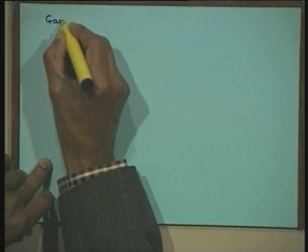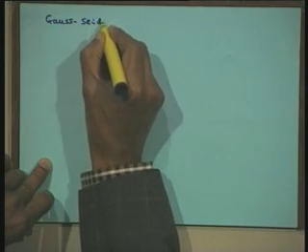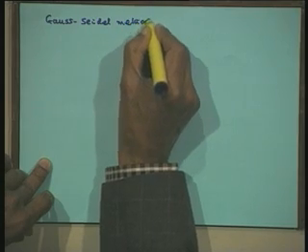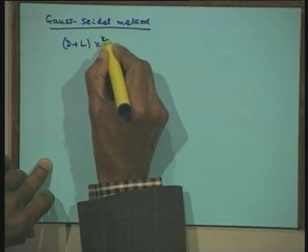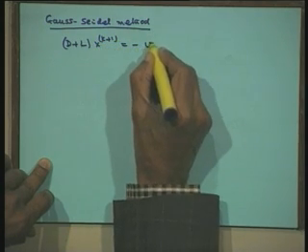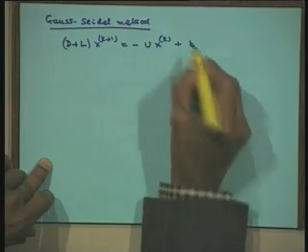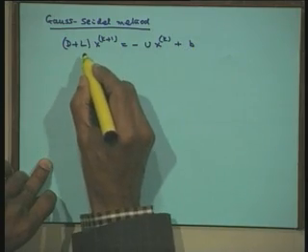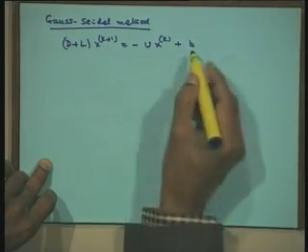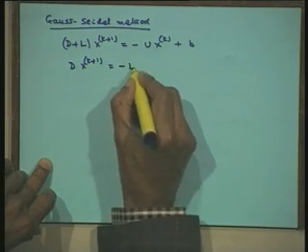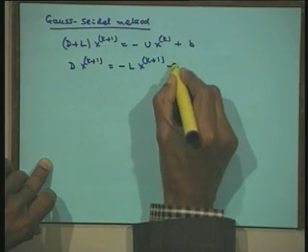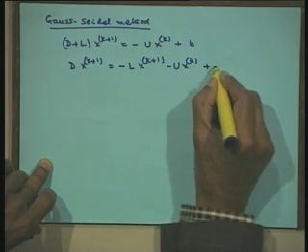Now, let us define what a relaxation method is. We start from the Gauss-Seidel method. We write the Gauss-Seidel method as (D + L) x^(k+1) = -U x^k + b. Now, let us take the second term L x^(k+1) to the right hand side. So, I will write D x^(k+1) = -L x^(k+1) - U x^k + b.